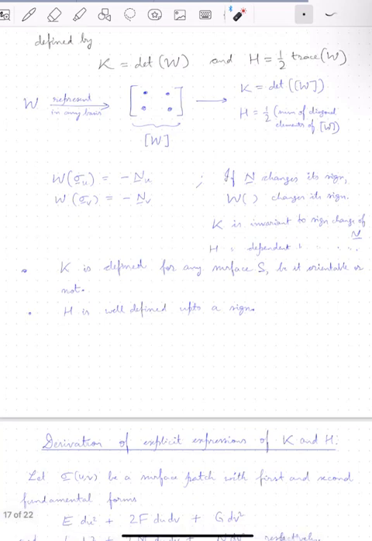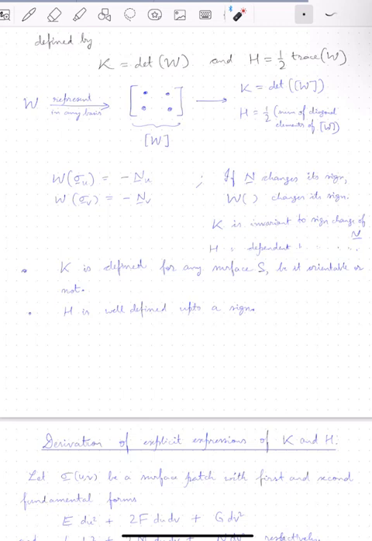If the signs change, it doesn't matter, because the product will involve just a product of -1 and -1, so it remains invariant. However, H depends on the sign of n by virtue of its being just the sum. If n becomes minus n, then H will also become minus H, right?